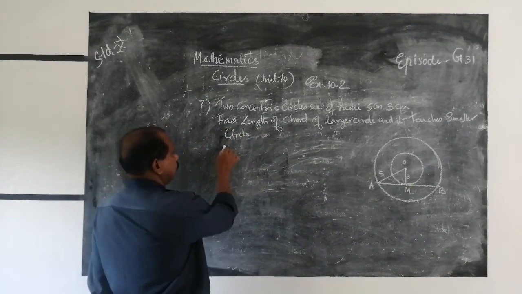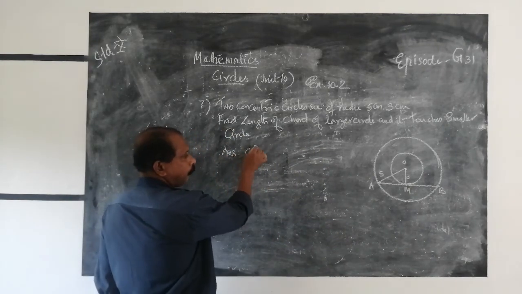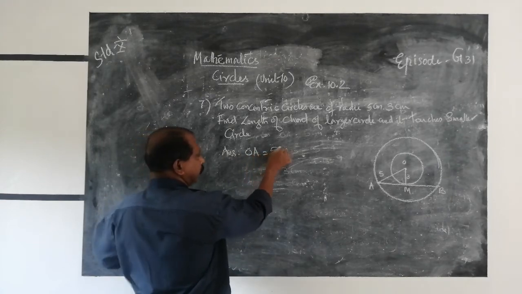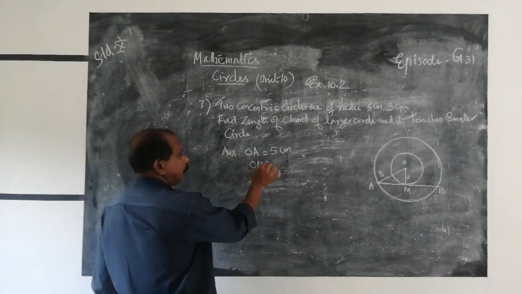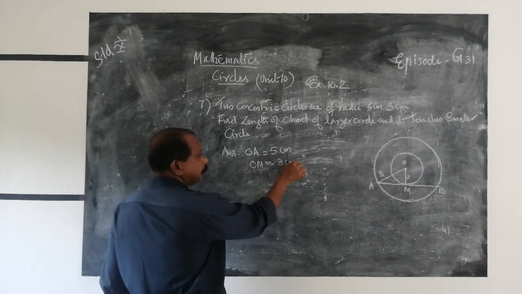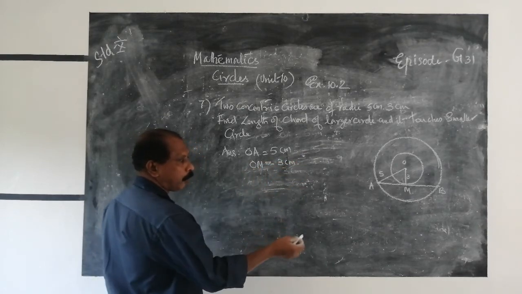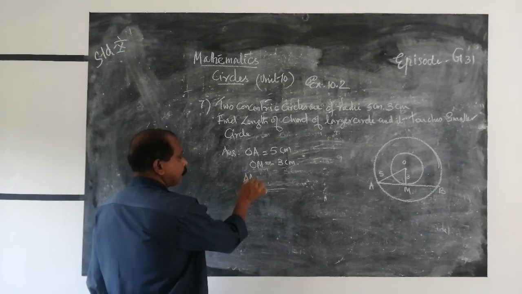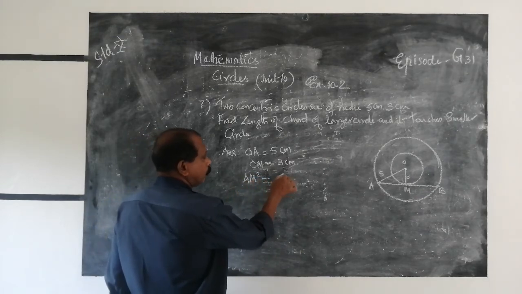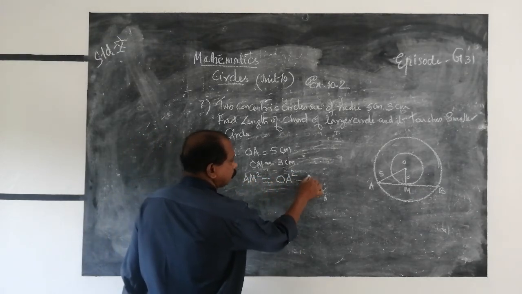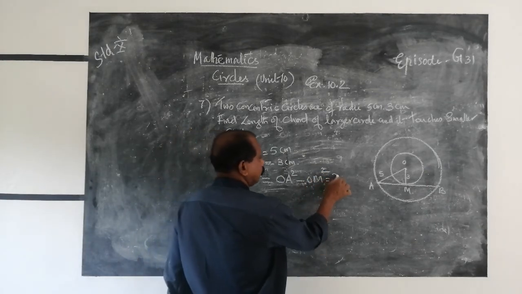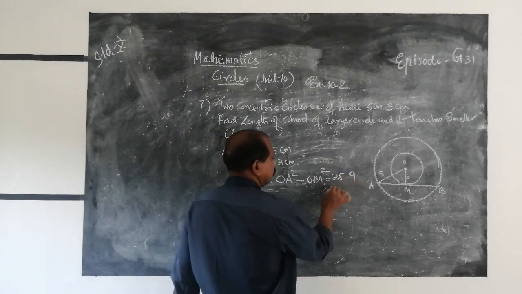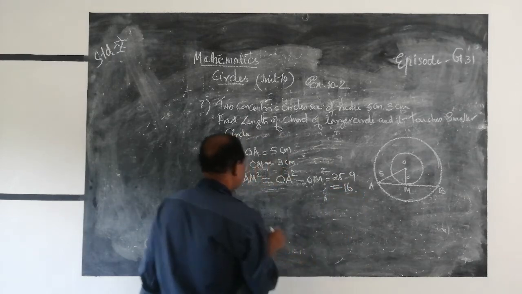Okay? The answer is OA is equal to 5 centimeters. OM is the radius of the smaller circle, that is 3 centimeters. From the Pythagorean relation, AM square is equal to OA square minus OM square. That is 25 minus 9 is equal to 16.